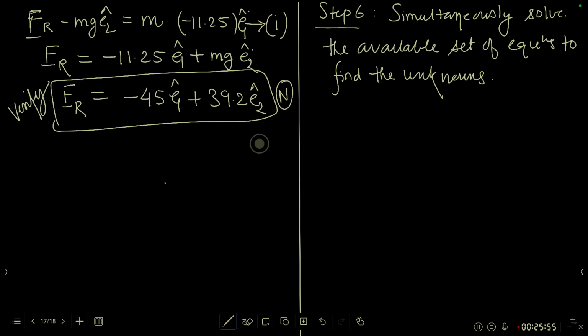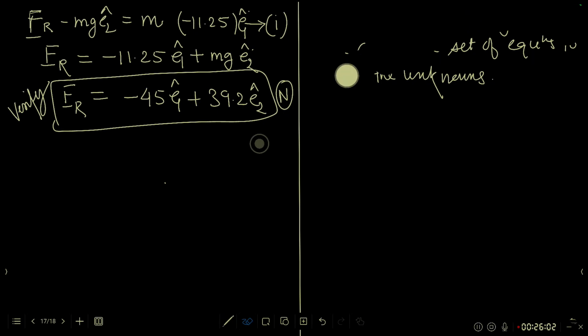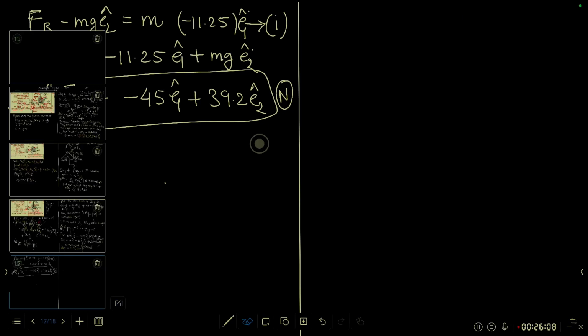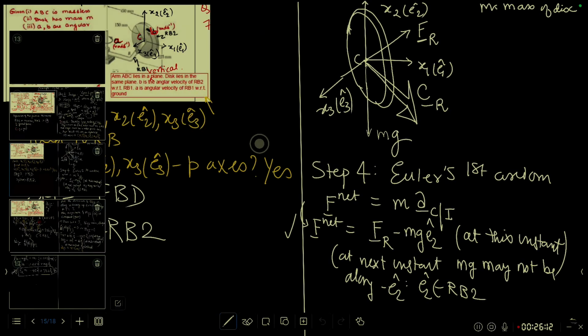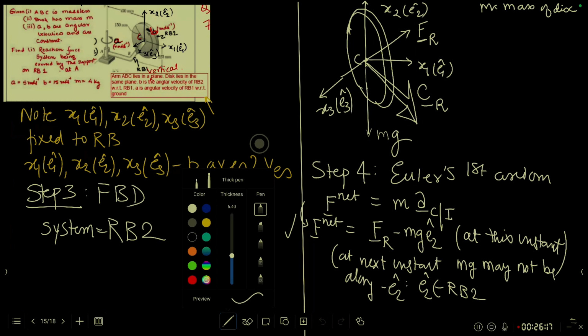What did they ask us to find? They asked us to find the reaction force system at C. The reaction force system at C involved a force which I have found. Now I need to find CR.